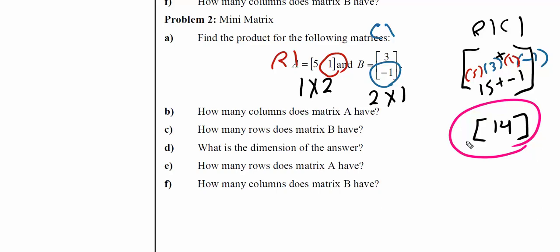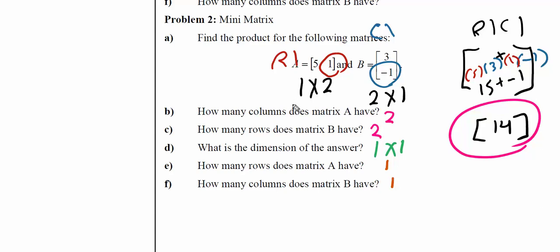How many columns does matrix A have? 2. How many rows does matrix B have? 2. What's the dimension of the answer we got? A 1 by 1. How many rows does matrix A have? 1. How many columns does matrix B have? 1.